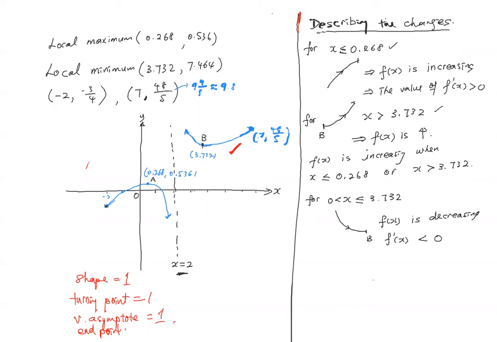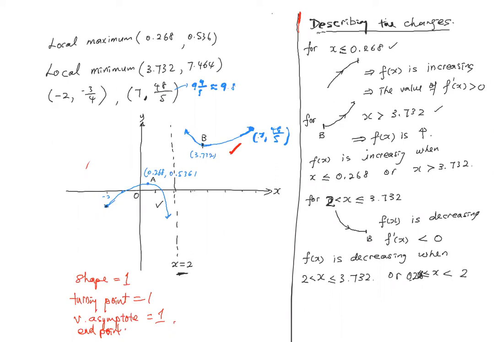So if the question asks, I will say fx is decreasing when x is greater than 2, class, greater than 2 but less than or equal to 3.732, or the other part is here: x is greater than or equal to 0.268 and less than 2.